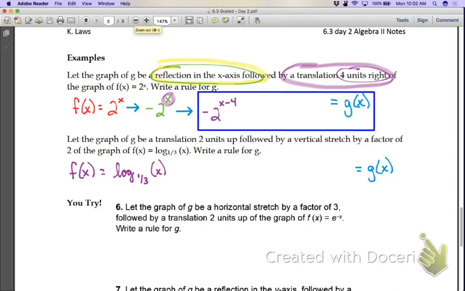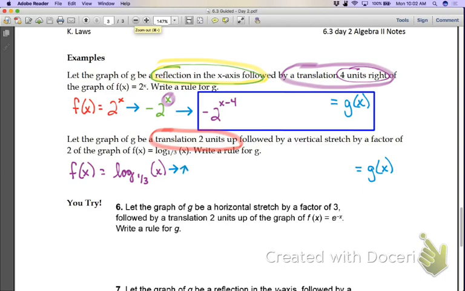first thing I'm going to do is translate it 2 units up. So how am I going to translate something if it's log base 1/3 of x? How am I going to translate it 2 units up? Plus 2, where at? Inside the parenthesis or outside it?